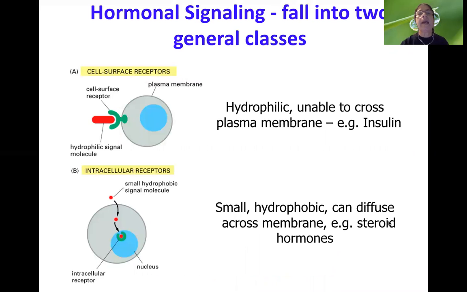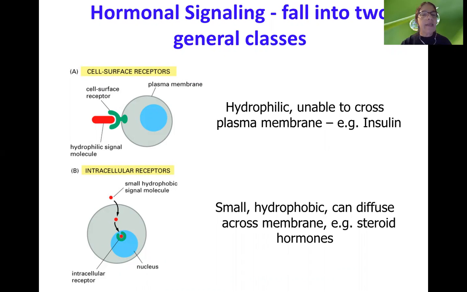Hormonal signaling, endocrine signaling. Hormones are generated by cells of our endocrine glands and function throughout our bodies. There are two types of hormones, the hydrophilic type, like insulin, because they're usually proteins or peptides. They're unable to cross the plasma membrane, so they have cell surface receptors.